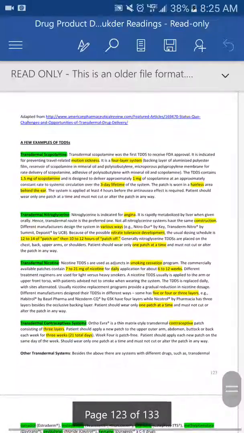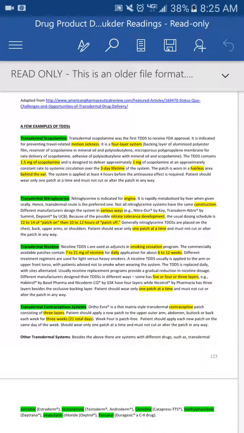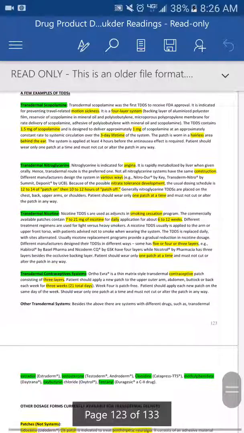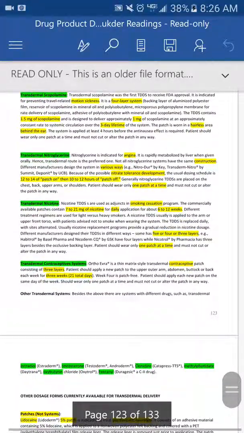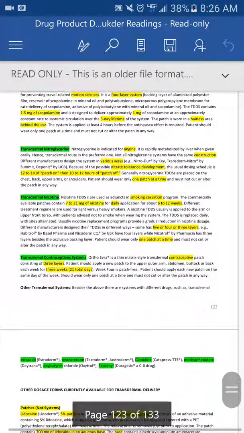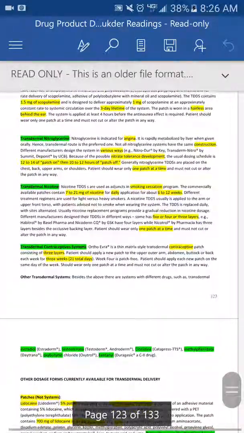A few examples: you have your transdermal scopolamine. Transdermal scopolamine was the first one to receive FDA approval. It is indicated for preventing traveler-related motion sickness, and it is a 4-layer system: backing layer, and then a bunch of other layers. It contains not much scopolamine.